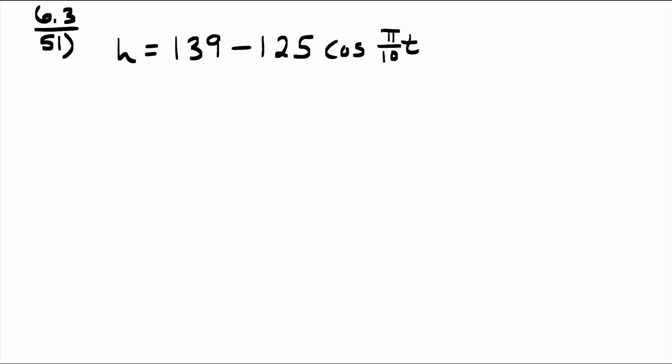So first things first, it says we want to find the time it takes to reach, or at what time is the car on the Ferris wheel at 100 feet high. So h comes in as 100. And let's start solving.